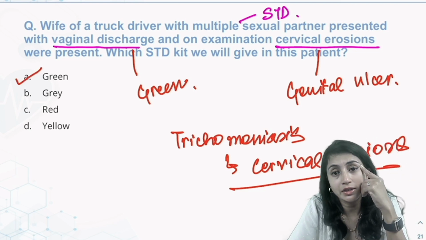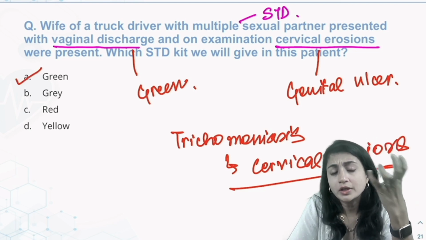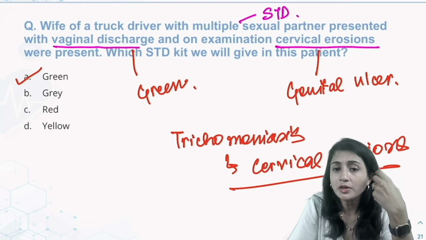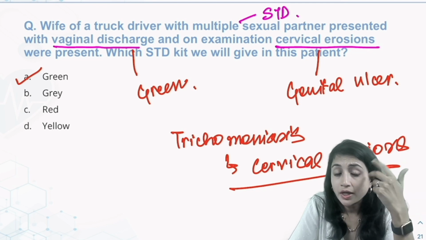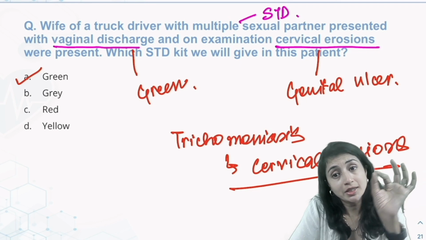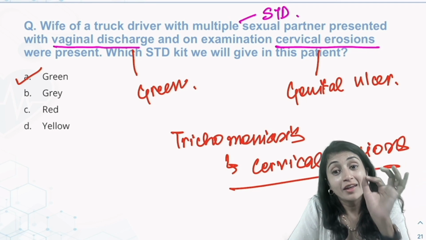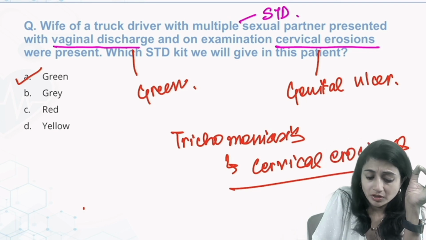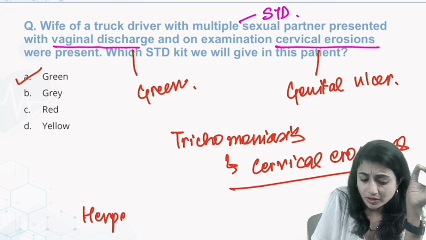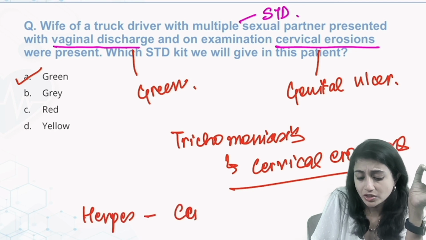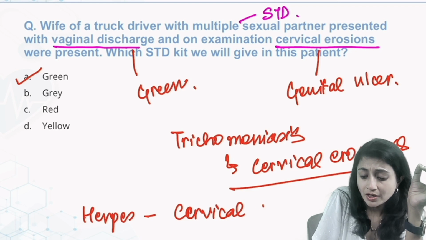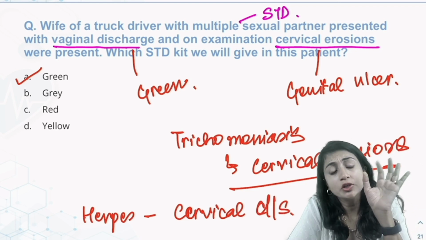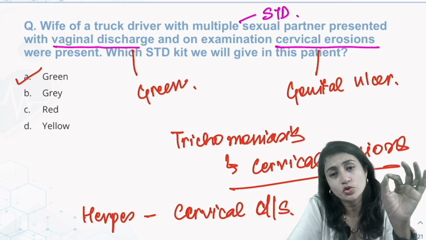which is my green kit. What could confuse this picture? Now remember, herpes sometimes can present with discharge and cervical erosions, but there on examination you will see cervical discharge also. You will not see vaginal discharge. Plus, if there are erosions, they will usually give you vaginal erosions also.